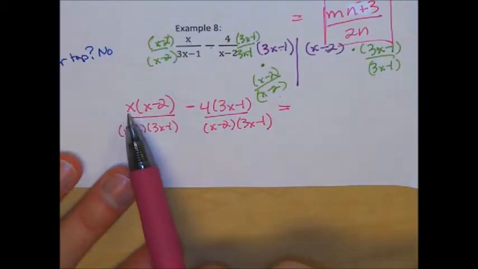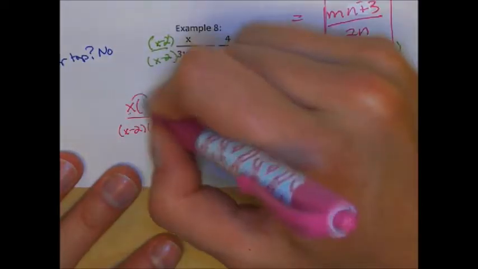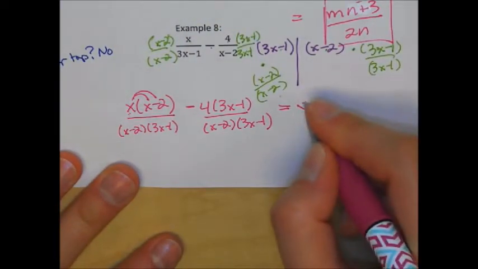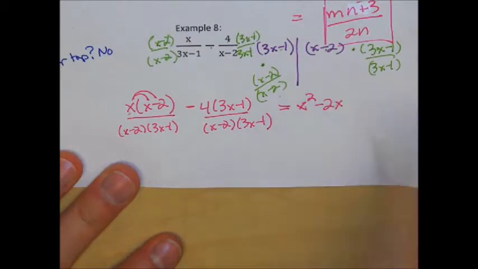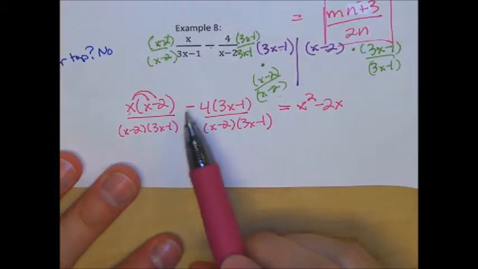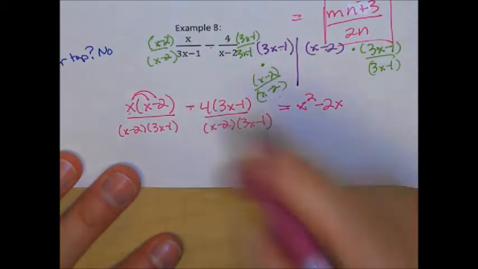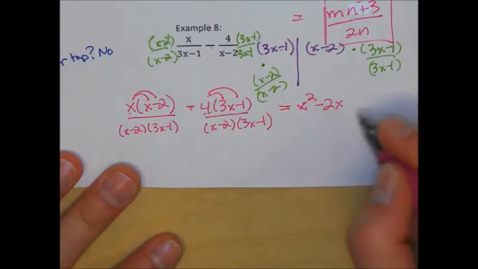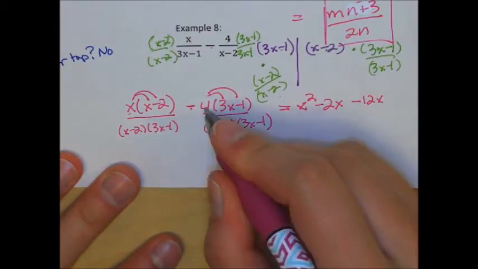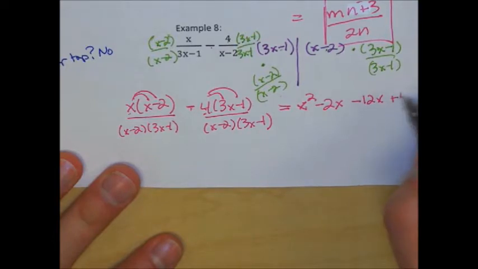So here, for this numerator, we're going to distribute. I get x squared minus 2x. Here I have a negative 4, so we're going to distribute that. Negative 4 times 3x, negative 12x. Negative 4 times negative 1, positive 4.